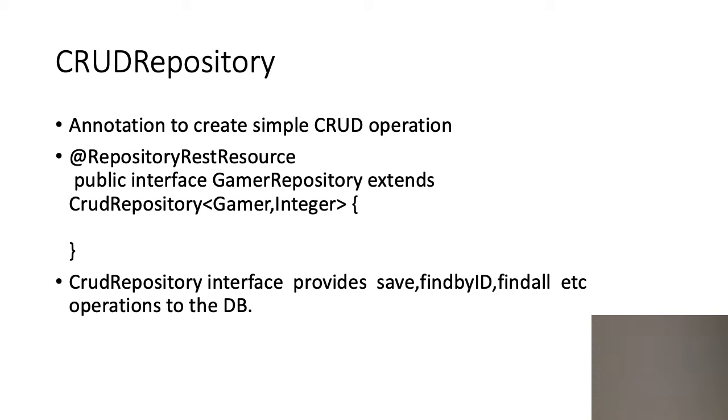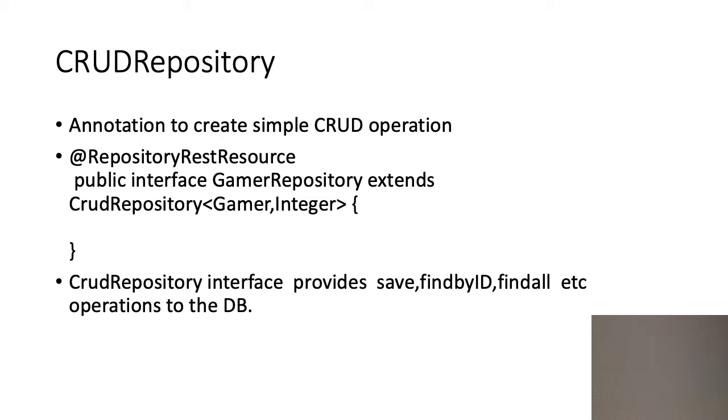Another entity we use from Spring Boot is called CrudRepository. CRUD stands for create, read, update and delete operations, and this abstracts all of these operations from the database. In our case, for example, I have a CrudRepository with the object Gamer, Integer.